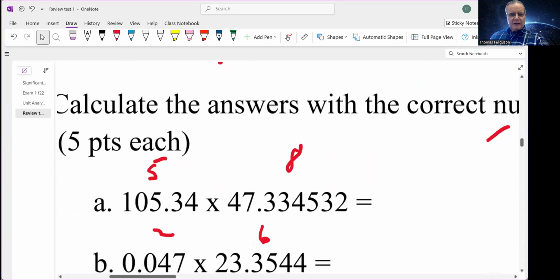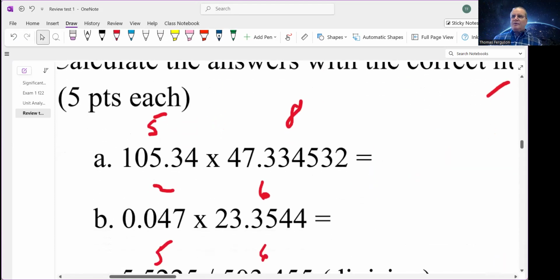Okay, so let's. All right, so this is the multiplication problem. So our answer is going to be in the lowest sig fig of the problem. Okay, so let's multiply this out.